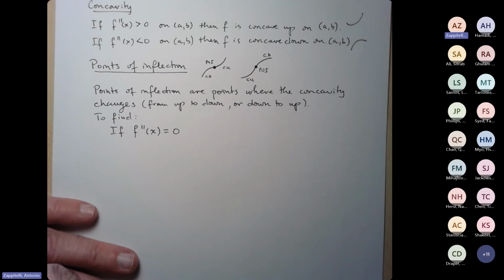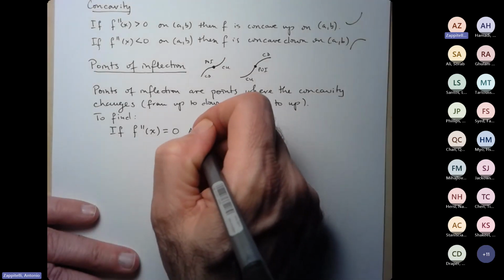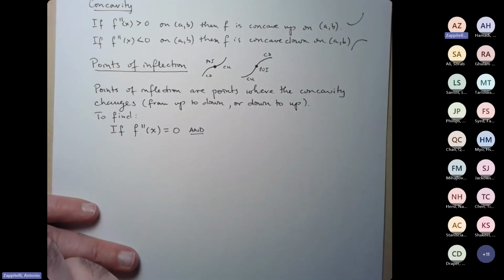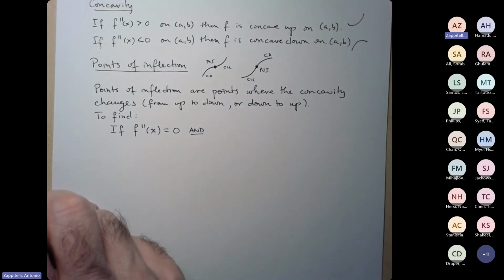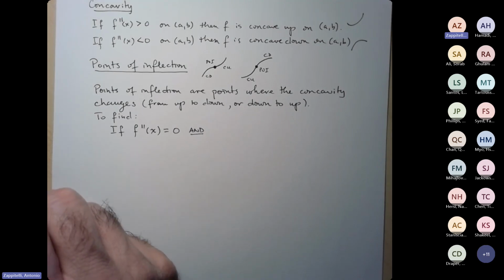Okay, so if f double prime is equal to 0, and that's not the only thing that has to happen, okay, the concavity has to change, but in order for the concavity to change, the sign of the second derivative has to change.